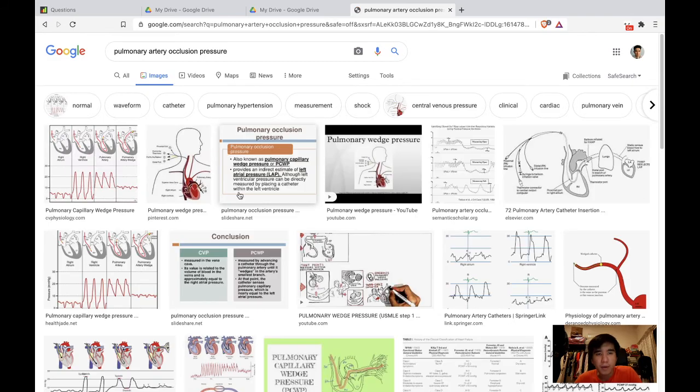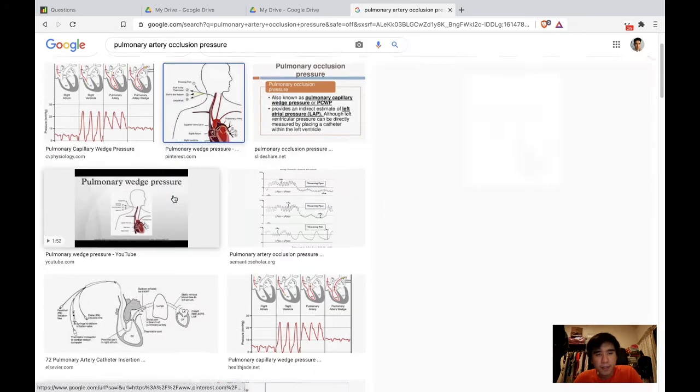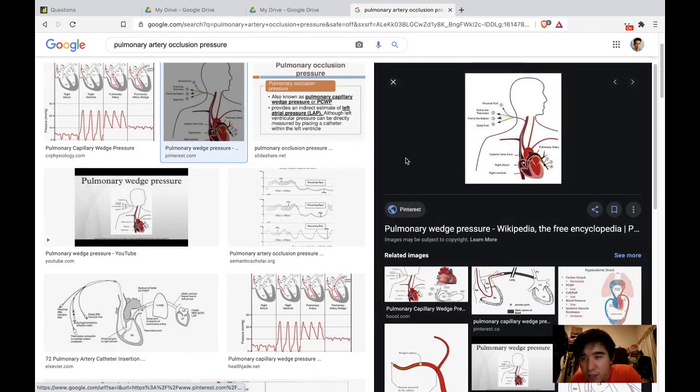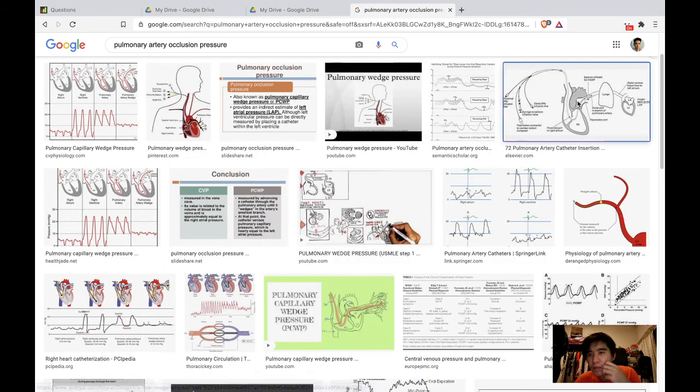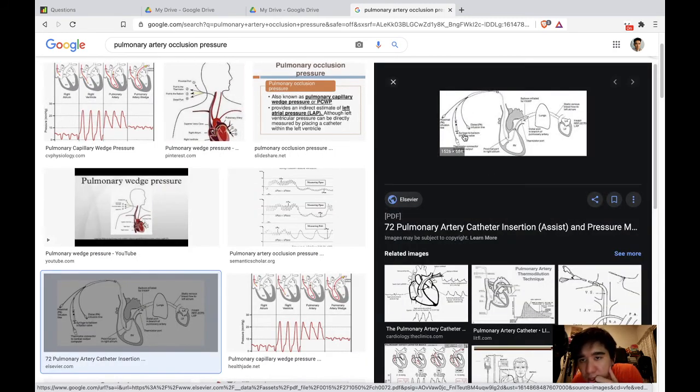Okay. Let's see any diagrams of the device being inserted. So you can't really see, it's too small. How about this? This one. Okay, it goes into superior vena cava, it goes into the right ventricle, into the pulmonary artery, and you occlude the pulmonary artery. And then you measure the pressure here.